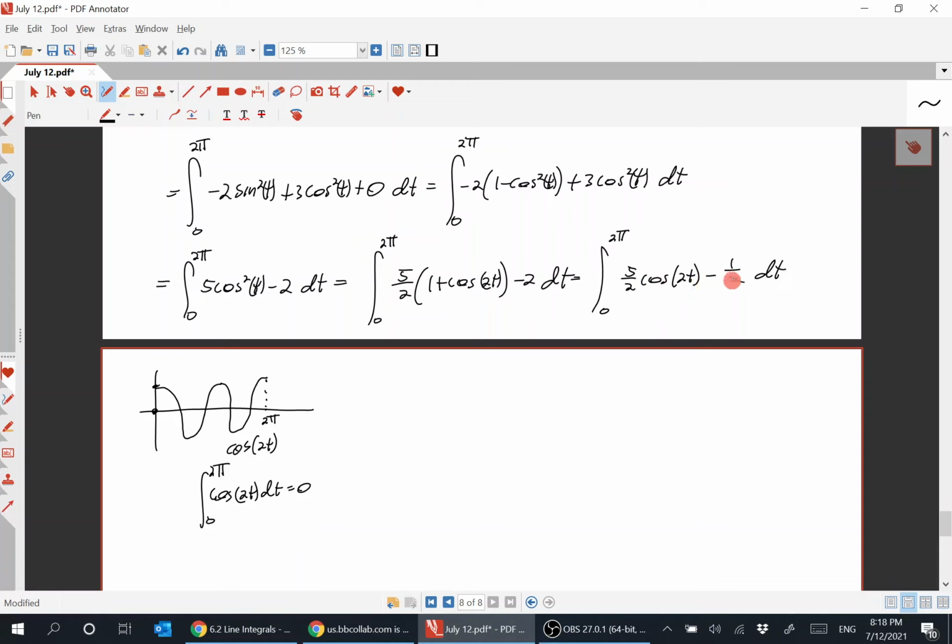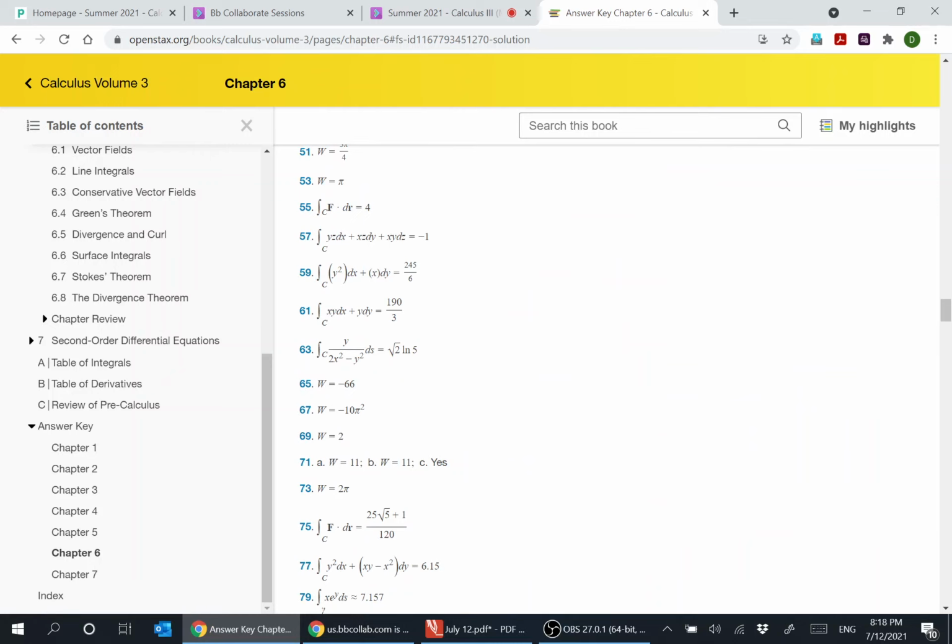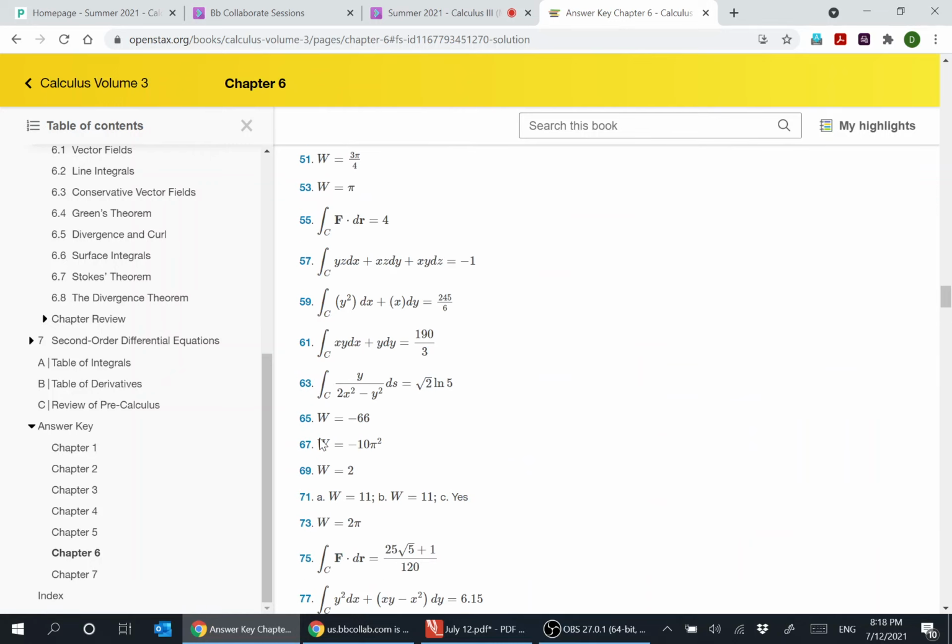So this is going to be 0, and then plus a half. So that's just pi. So equals 0 plus 2 pi times a half, which is just pi. Right. Let me check that. Yeah, pi. There's the answer there, 53. The answer is pi.